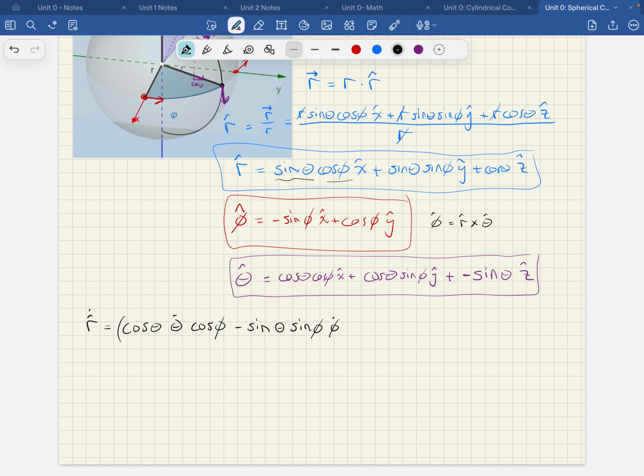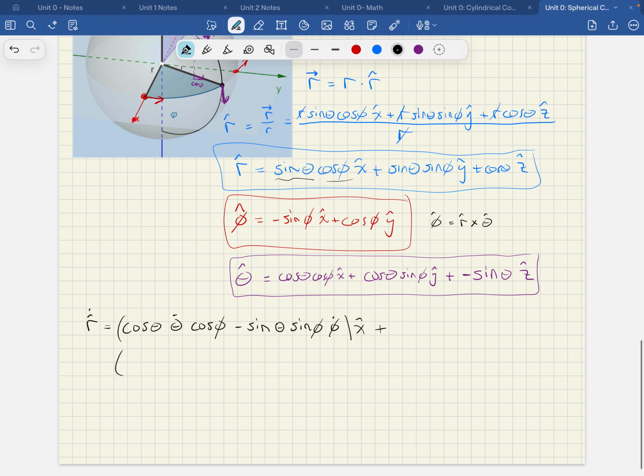Then I took the derivative of the cosine term, I kept my sine theta, and I got minus sine phi dot. And so both of those are in the x hat direction, plus in the y hat direction, taking the derivative of the sine first, I get cosine theta dot sine phi.